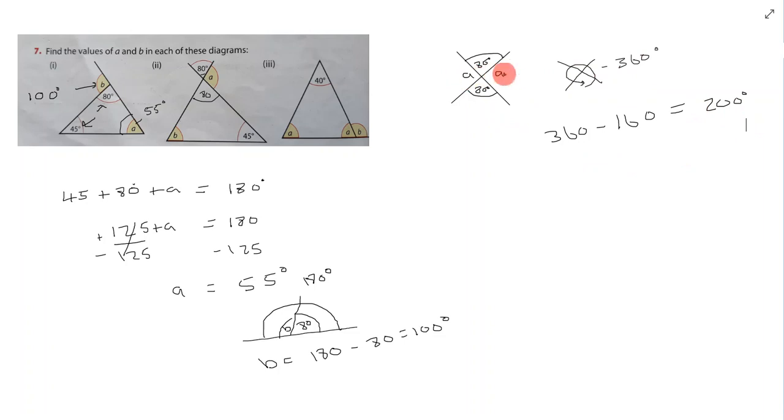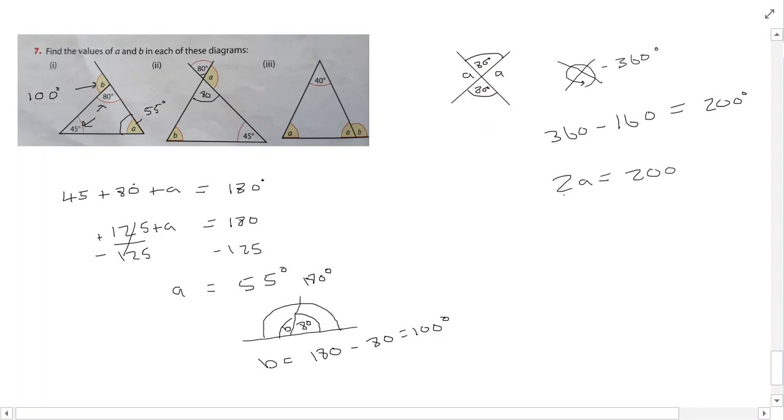Another way to think about this is that 2 times A is going to be equal to 200 degrees. So that's 2 multiplied by A is equal to 200 degrees. If we want to find out what A is, remember this is 2 multiplied by A, so I have to divide by 2, because division is the opposite of multiplication.